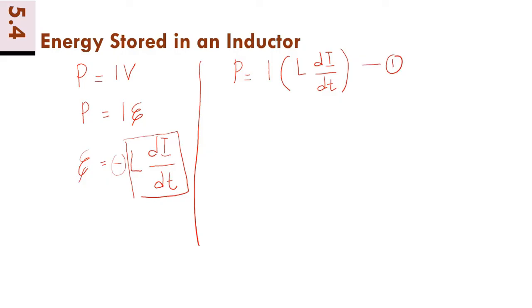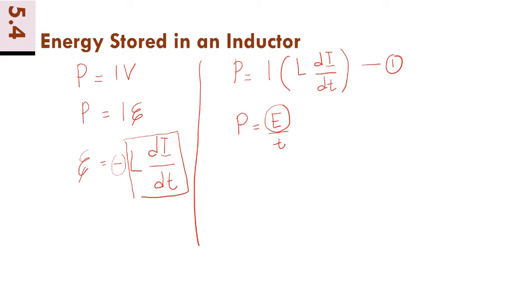Okay. Then we know that power can be related to energy divided by time. From first semester, we know that power equals energy divided by time. To inform you all, in this semester we try to use capital U to describe energy. This is because capital E is used for electric field.